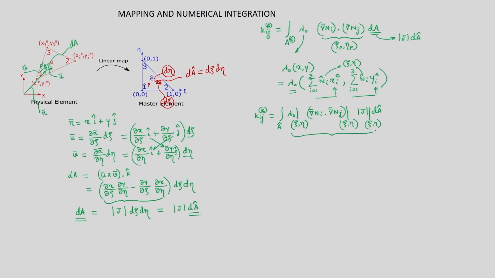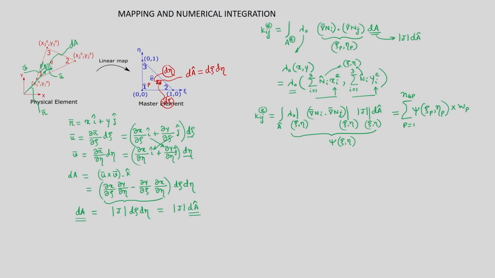So this whole thing, the integrand, I refer to as psi of xi comma eta. How do we do the numerical integration? We evaluate this integrand at the Gauss points, the xi p, eta p, multiply it with the associated weight Wp and sum over all the Gauss points, where the number of Gauss points is say Ngp.